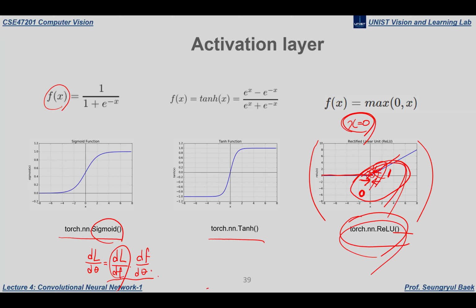But for example, in this type of response, even though their x values are defined from -infinity to infinity, if their x values become larger or smaller, their gradient values become too small.